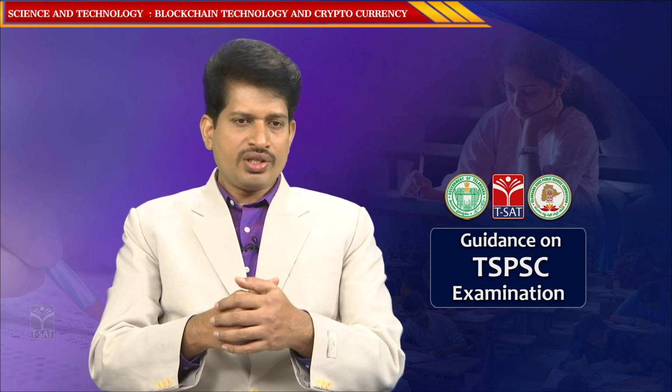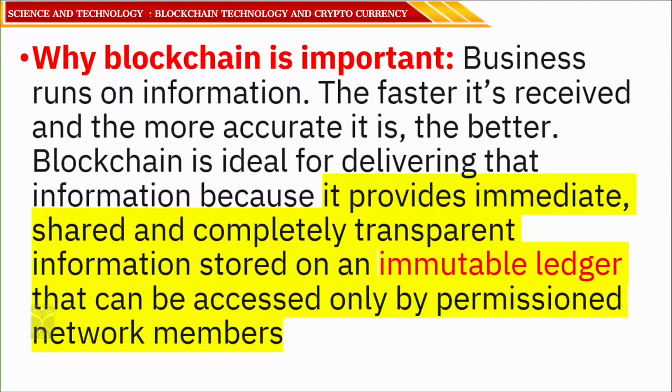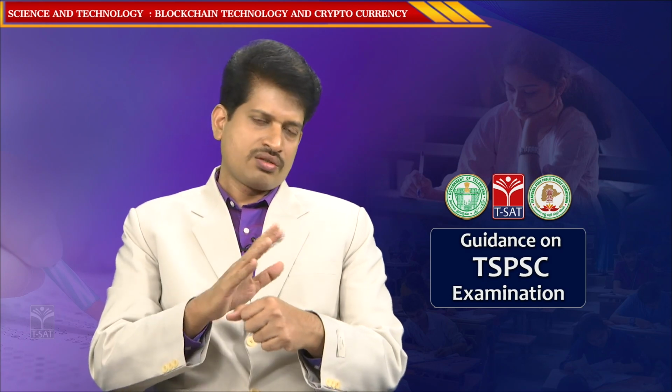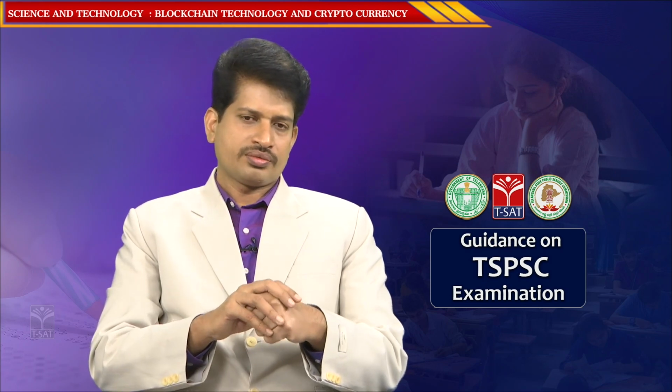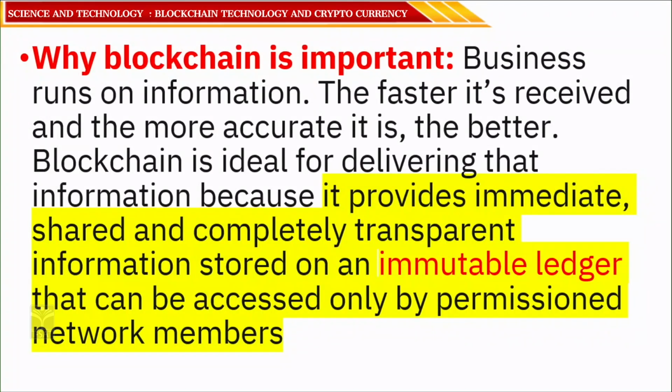It provides immediate, shared, and completely transparent information stored on an immutable ledger. So, these transactions are instant and fast, and cannot be altered as you like. Only if there is a real transaction will the ledger change. It can be accessed only by permissioned network members. So, not everybody has access to see this ledger.